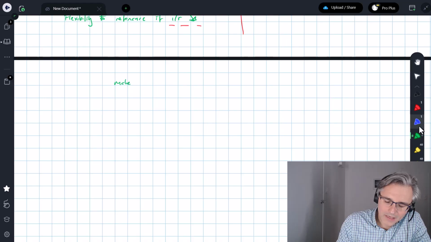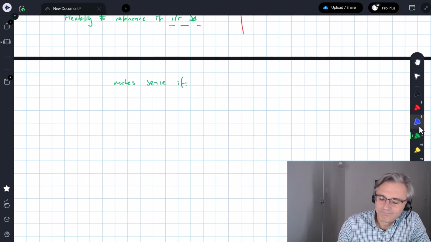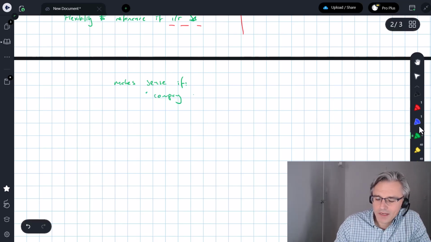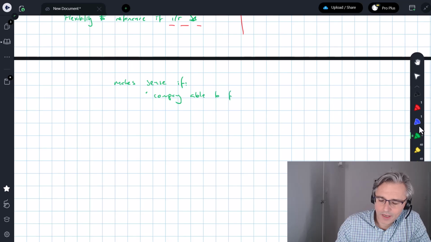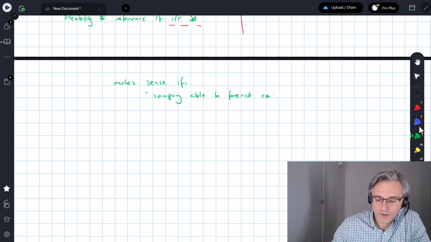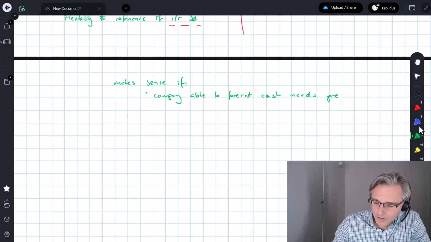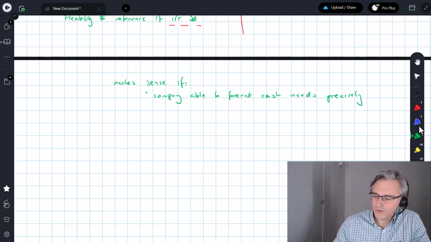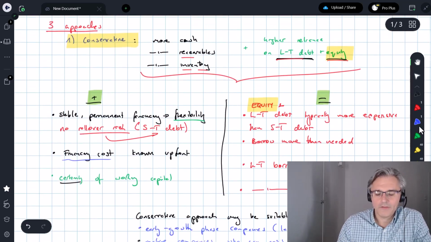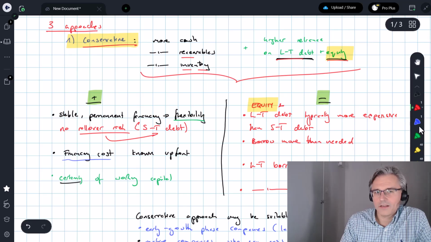Well, it makes sense if the company is really able to forecast its cash needs precisely. If you've got the methodology, the models, and a predictable business which allows you to do this, yes, there probably isn't much need to keep buffers and flexibility, which is the case under the conservative approach.